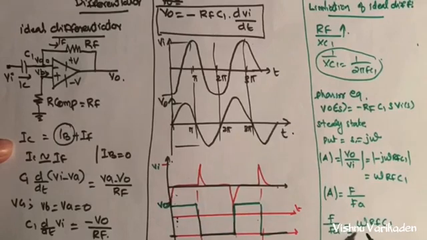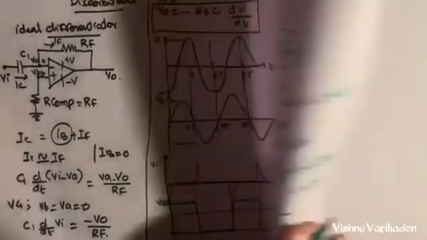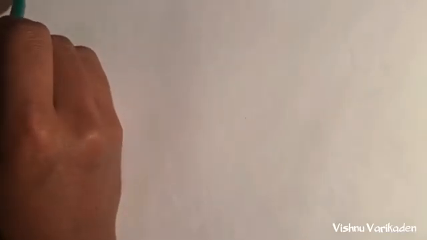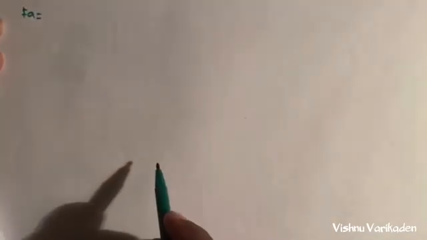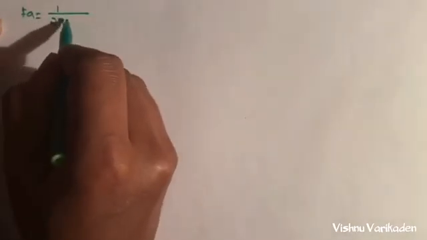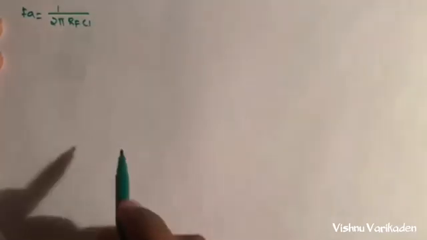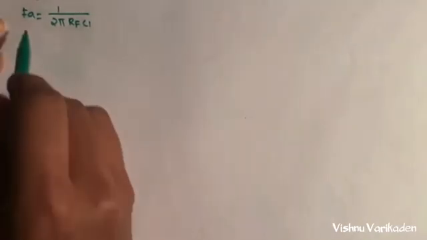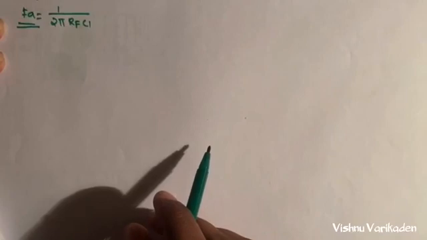We can replace omega by 2 pi f, cancel the f, and rewrite fa is equal to 1 by 2 pi Rf C1. The fa is the upper cutoff frequency.